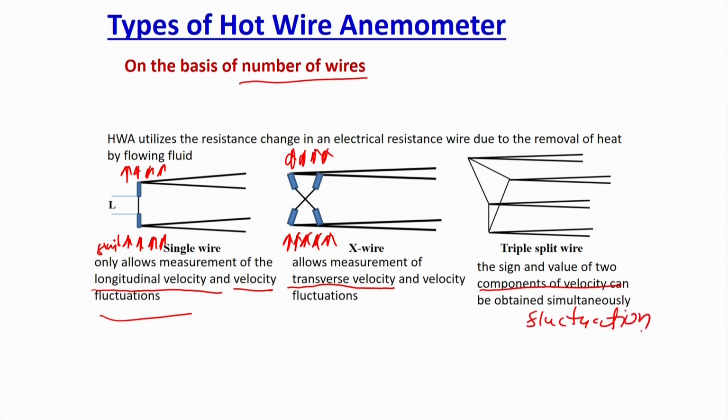So, depending upon what kind of flow you have, one dimensional flow, longitudinal flow, transverse flow, or two components of the velocity, whatever you want to measure, you can use the number of wires and measure that. So, that is one way to divide the types of hot wire anemometer. The second way, which is critical actually, is the mode of operation.